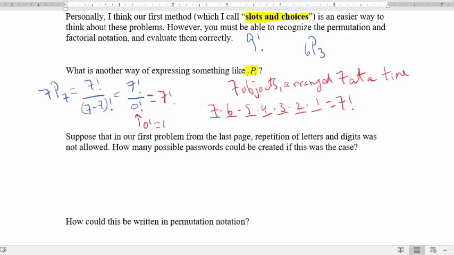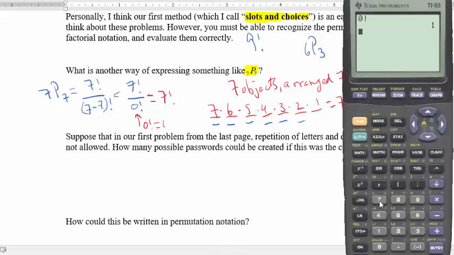And interestingly, 7p6, even though it's not exactly the same, would give you the same value, right? Because 7p6 would be 7 times 6 times 5 times 4 times 3 times 2. I'm going all the way down to 2, but if I went to 1, it wouldn't change it, because when you multiply by 1, it's not changing anything. So you can verify that.